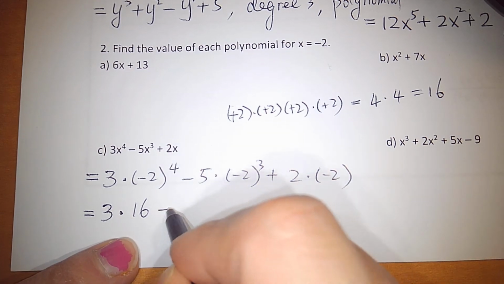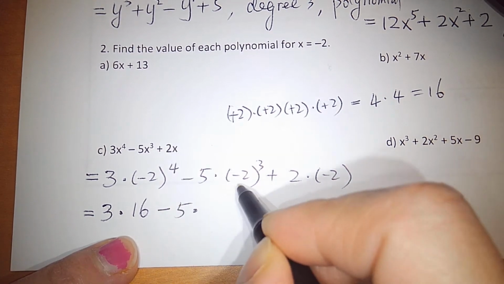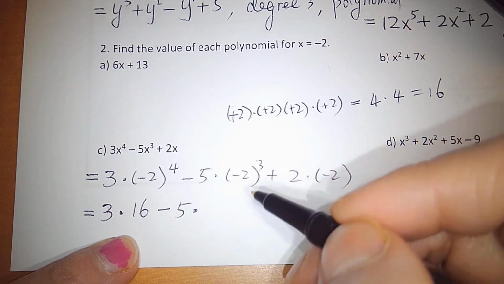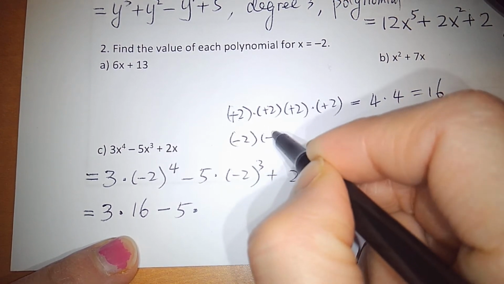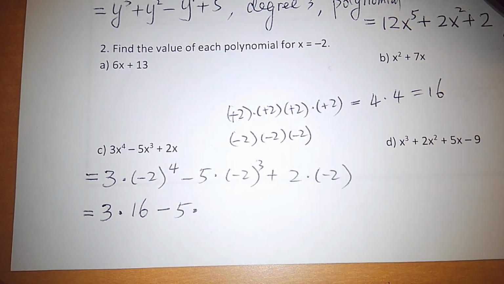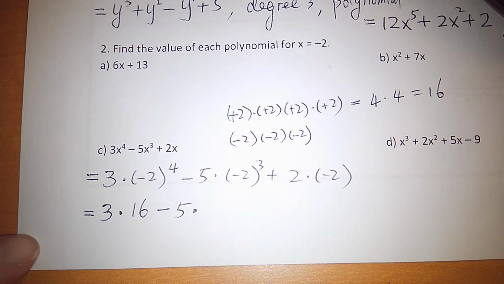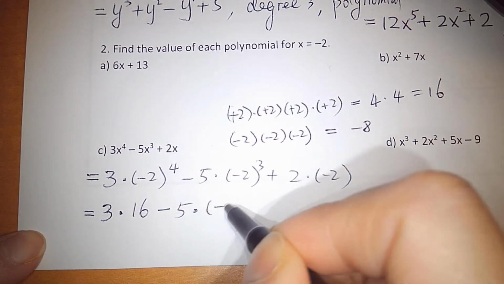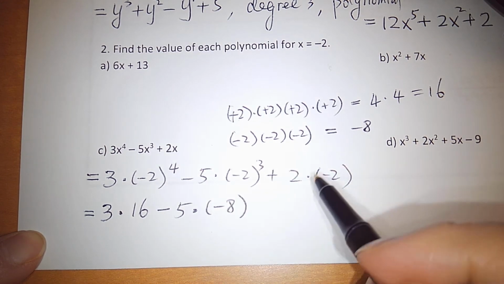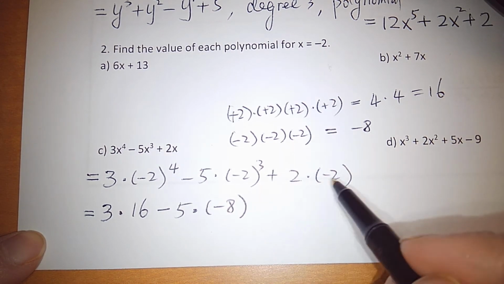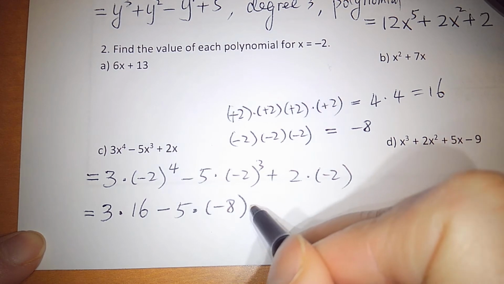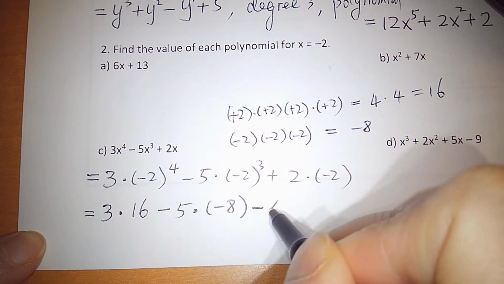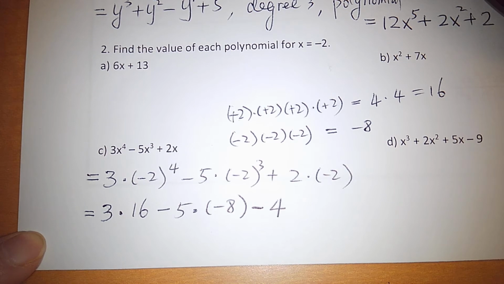And then minus 5 times, let's compute negative 2 to the cube. So, negative 8, yes. And then, what is 2 times negative 2? Negative 4, right?